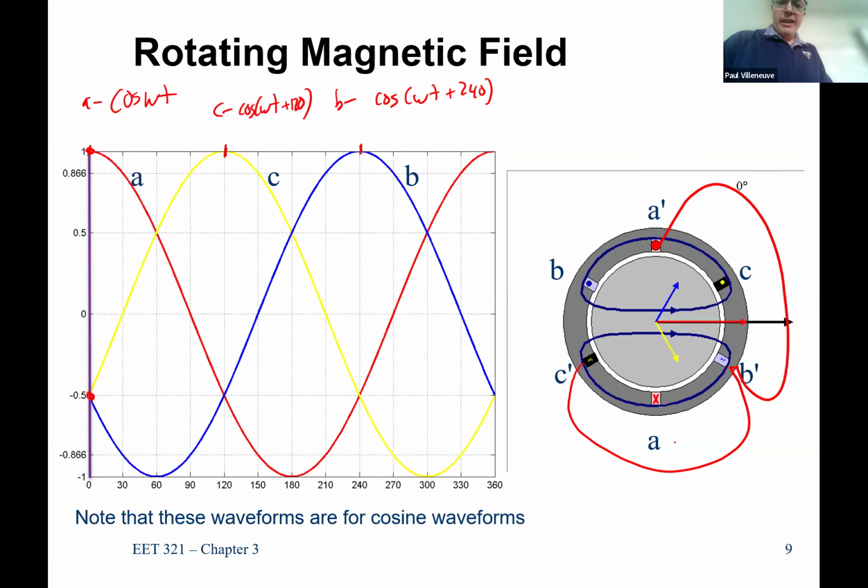We'll call this terminal X1, X2, and X3, and these are our neutral connections. All right. So in terminal 1, when the current is at 0 degrees, we have maximum amount of current going through there, right? It's at the peak of its sine wave.